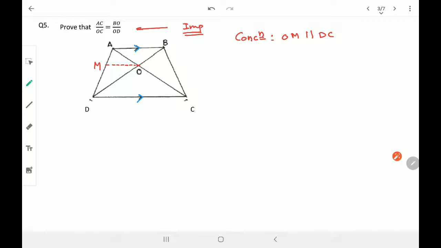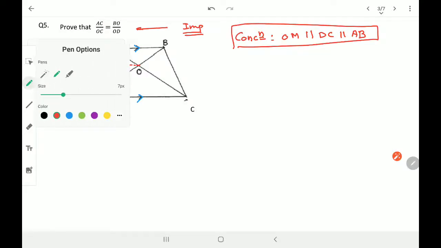Again I'm drawing OM parallel to DC, so all three are parallel to each other. Draw OM parallel to DC as well as parallel to AB, intersecting AD at point M. So this is the basic construction, need to remember it. So I'll start the proof now.